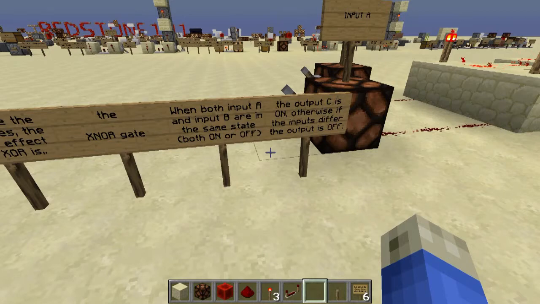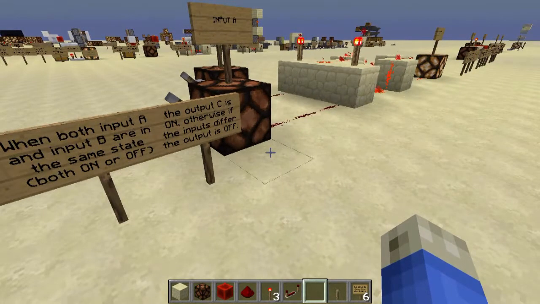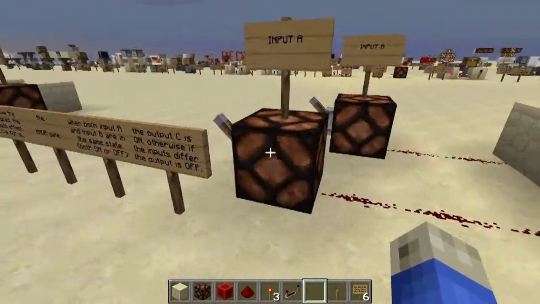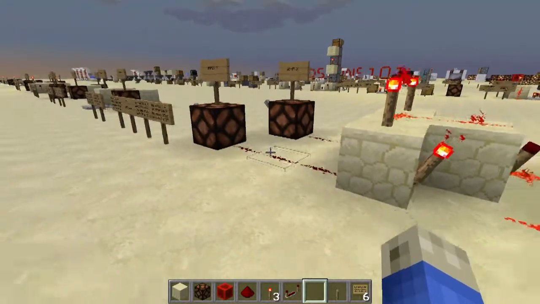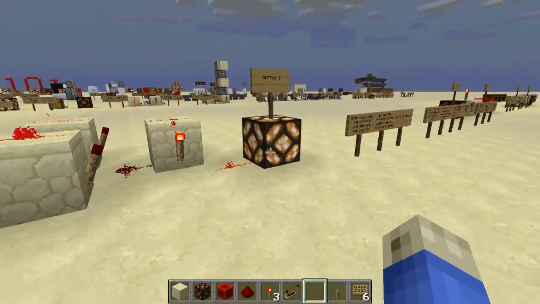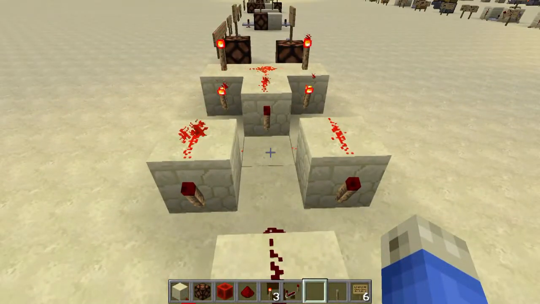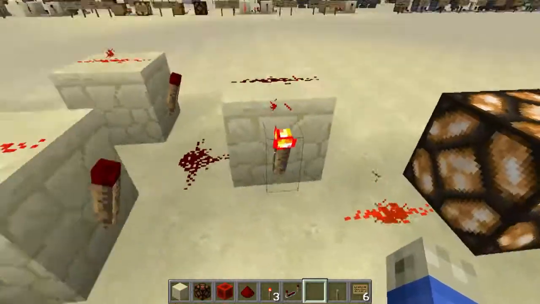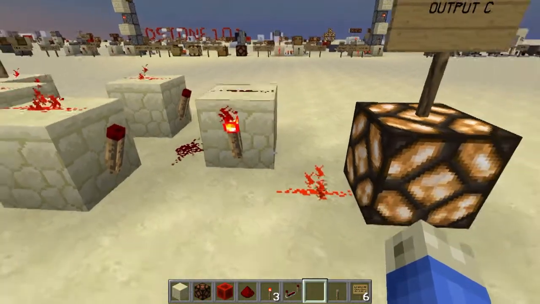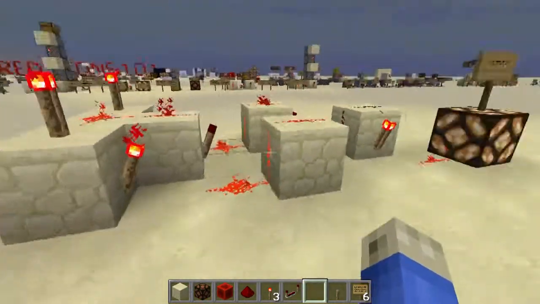Otherwise, when the inputs differ in state, the output is off. So as you can see right here, both inputs A and B are the same, they're both off, so our output is off. Looking at the circuit, it's basically the exact same as the Xor gate with another torch on the end. So it's a not Xor gate.